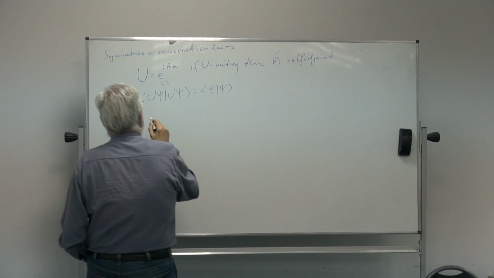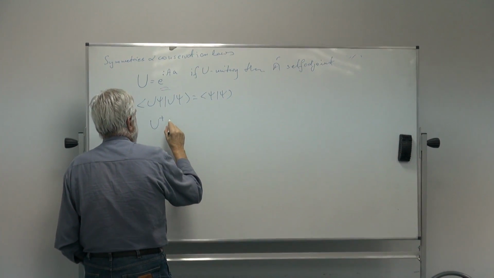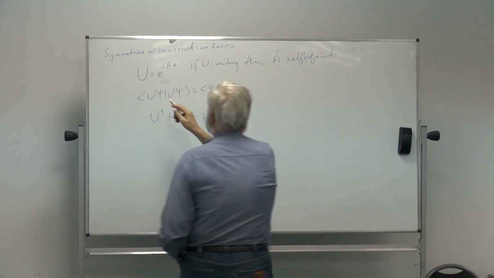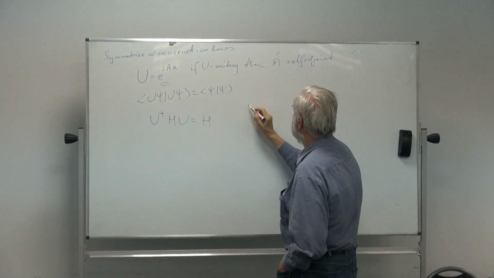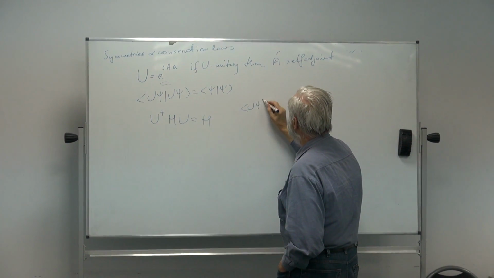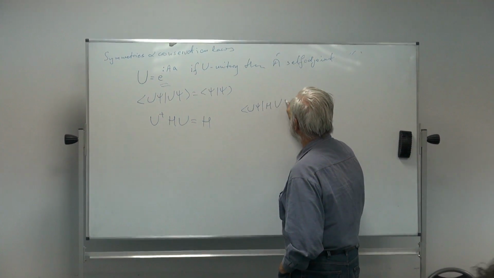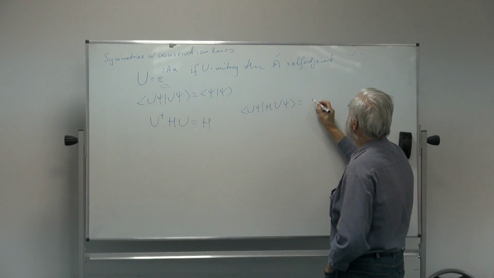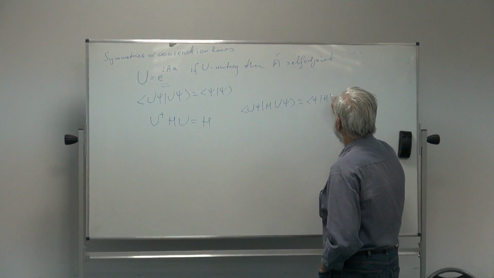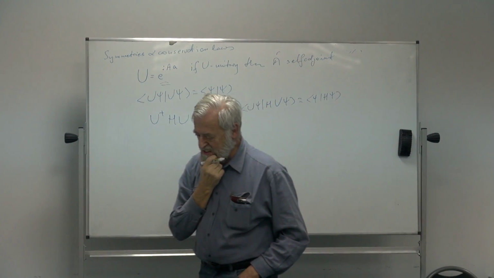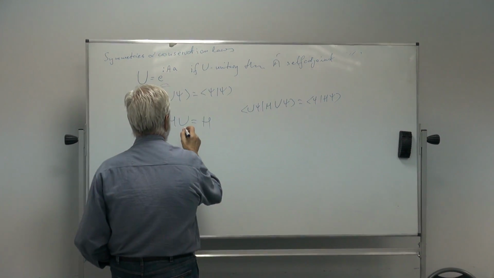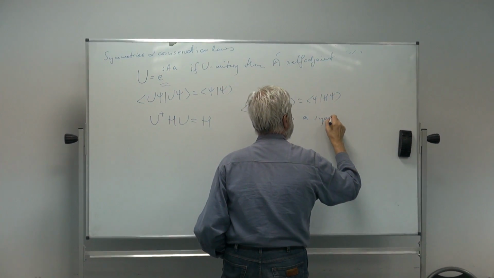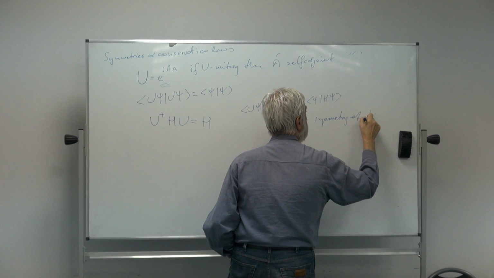So sometimes U dagger times Hamiltonian times U is equal to H, which, written with the help of this fellow, is the same as saying that the expectation value of the Hamiltonian in the rotated state is exactly the same as the expectation value in the unrotated state. If this is so, then U is called a symmetry of the Hamiltonian.